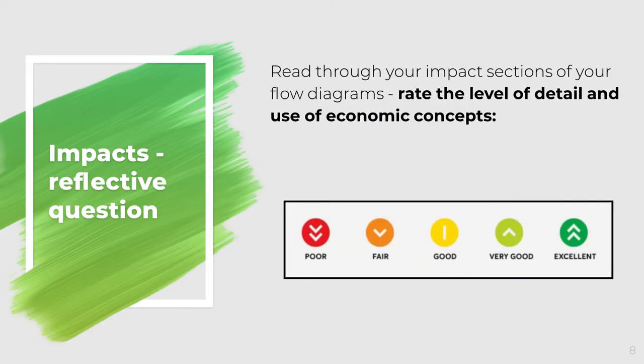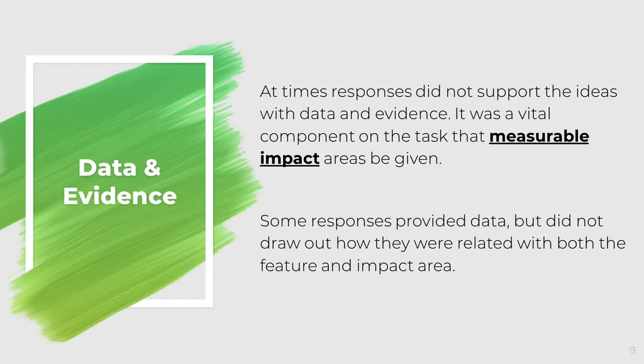So again, have a bit of a reflection, read through your own impact section of your flow diagrams. How would you rate your level of detail, but also your use of economic concepts? A little note that you might want to add here is, did you clearly link it to the feature that you had already given?